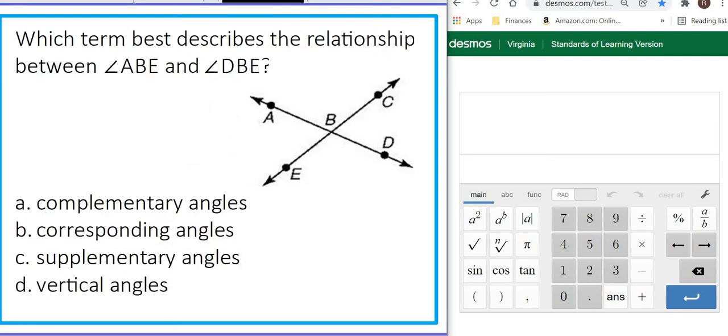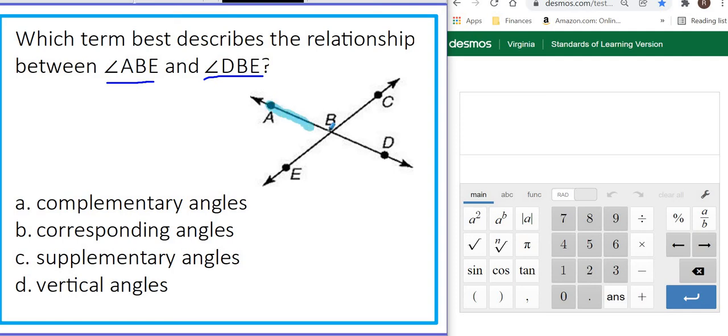All right. This says, which term best describes the relationship between angle ABE and angle DBE? Well, you want to use the tools on your test so you can mark these angles.